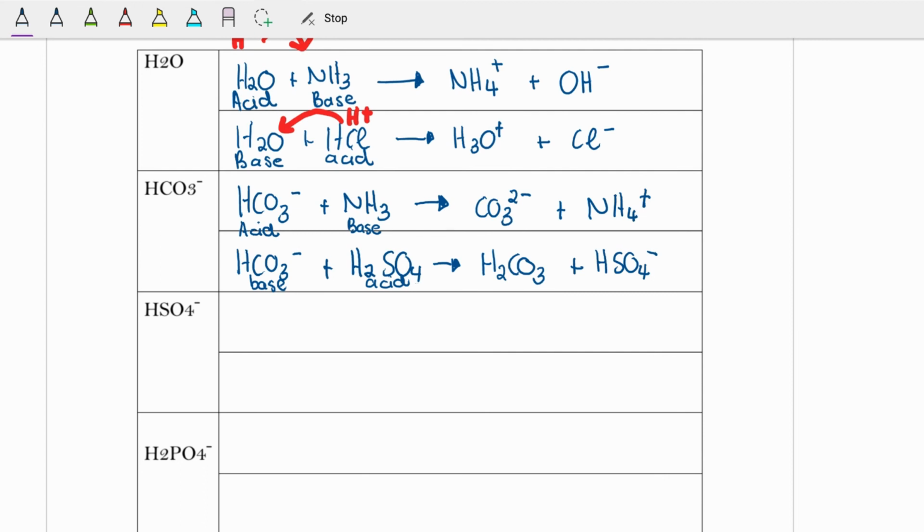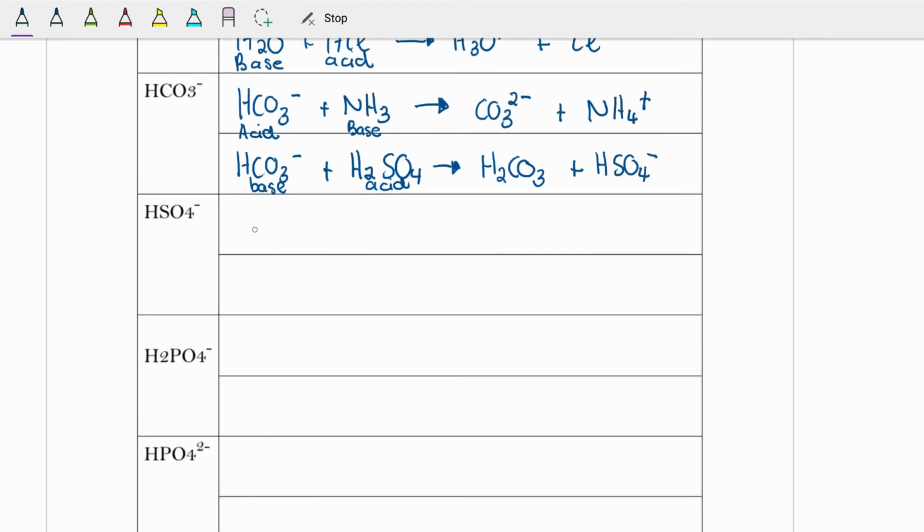Then another example, HSO4 minus. Once again, I'll write down the examples and then you can practice them on your own. Plus nitric acid. Just pause the video, try them on your own. This is your base.